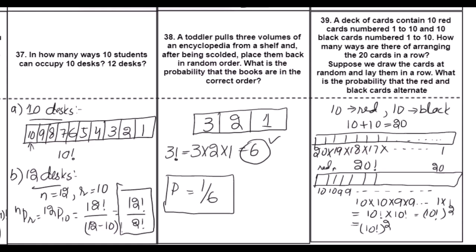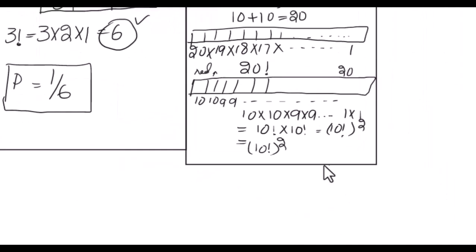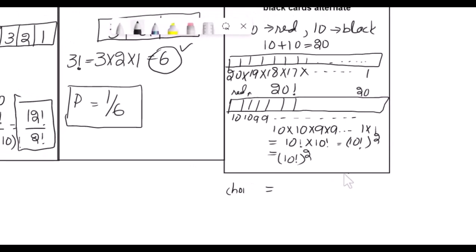Let me move down here. These are basically the 10 factorial. So the choices I will have will be either the first red choices or the first black choices.